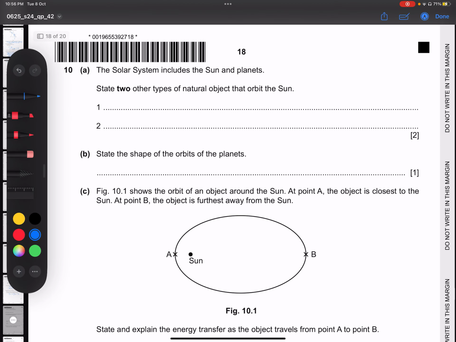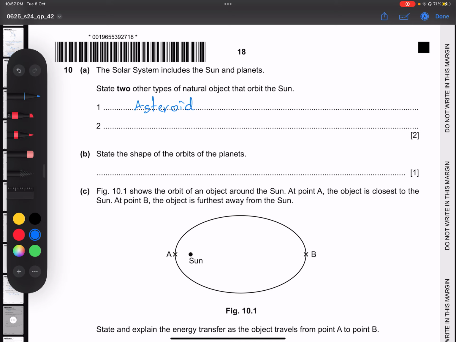Okay. 10a. The solar system includes the sun and planets. State two other types of natural objects that orbit the sun. One of the other things that orbit the sun are the asteroids in the asteroid belt, positioned between Mars and Jupiter. It contains lots of asteroids that orbit the sun.